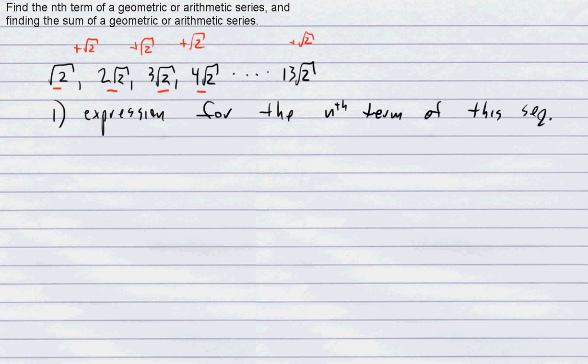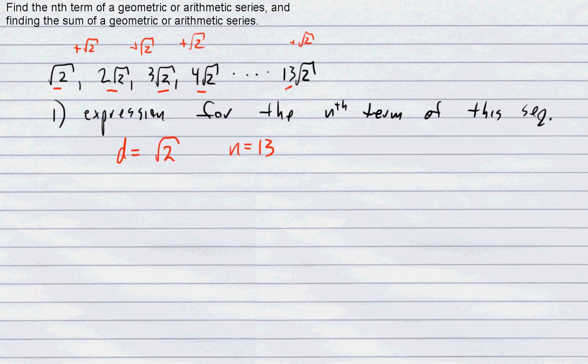So that's an arithmetic sequence because we're adding a common value. In fact, D is equal to rad 2, and since it's 13, n is going to be 13.